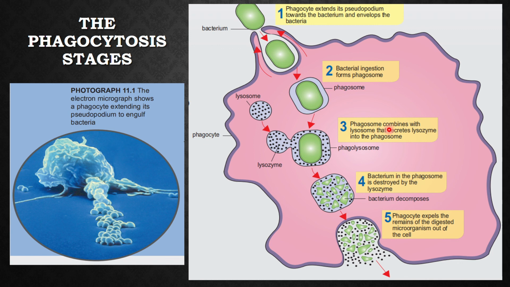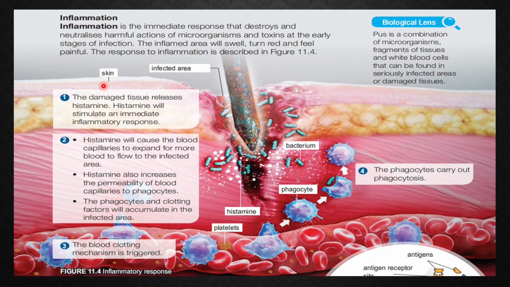Okay, so this phagosome combines with the lysosome, and there is this enzyme in the phagosome right now to act to destroy the bacterium by means of lysing it. We say it is now digesting this bad bacterium, and this bacterium will be decomposed. And after that, this phagocyte will expel the remains of the digested microorganism out of the cell. And these are the stages of phagocytosis.